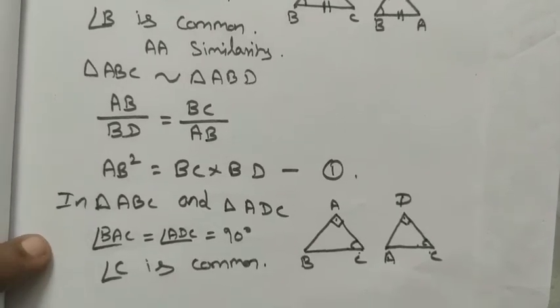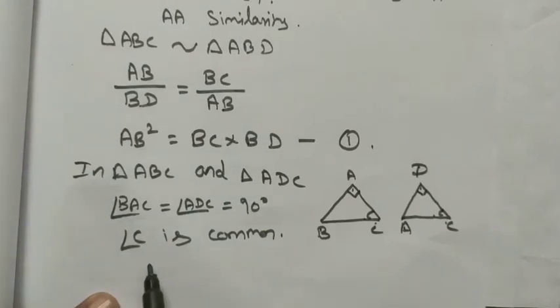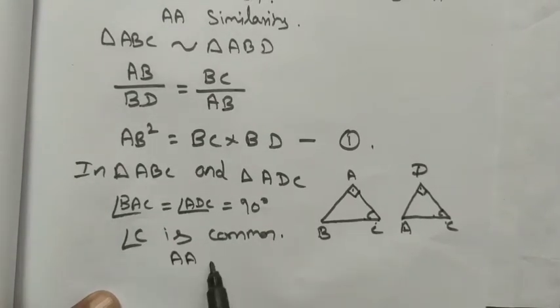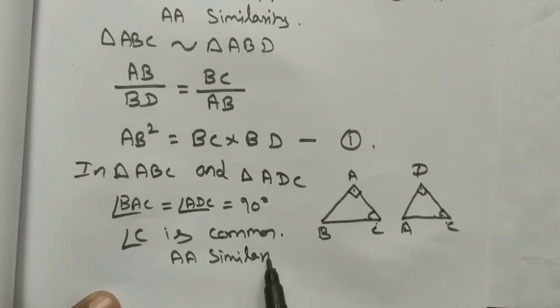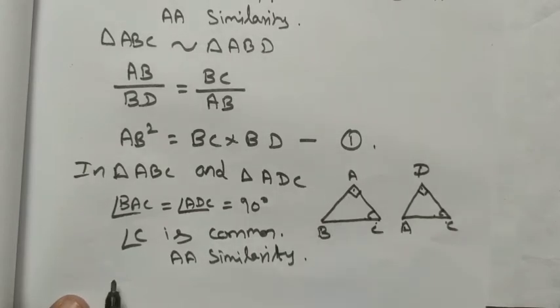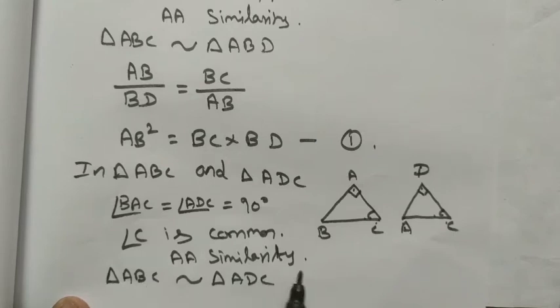By this AA similarity, we can say the triangle ABC is similar to triangle ADC. So we have proved these two triangles are similar.